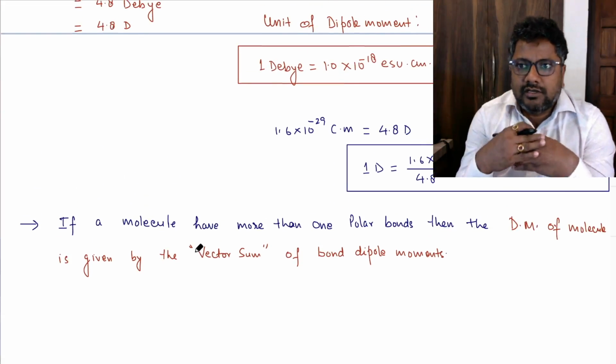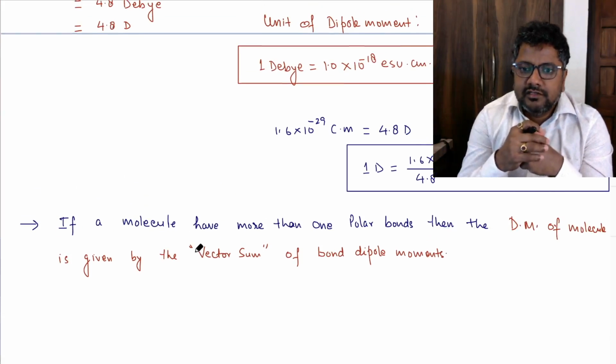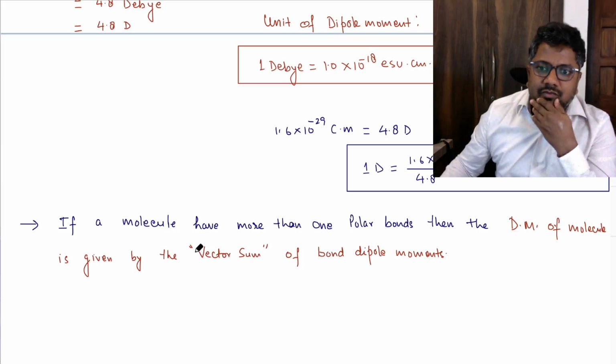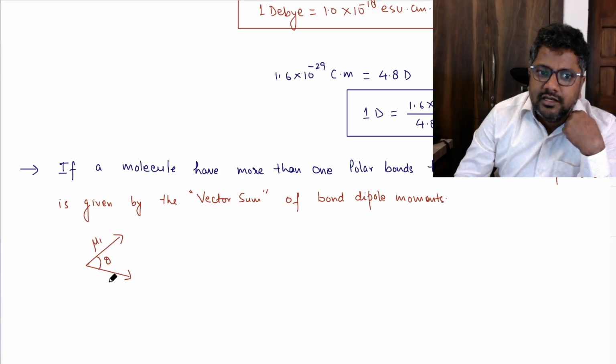All of you have gone through this calculation in physics, so I think you have no problem calculating the vector sum, but I am giving you the formula. Suppose the angle between two vectors is theta. So mu1 and mu2, two vectors are there.